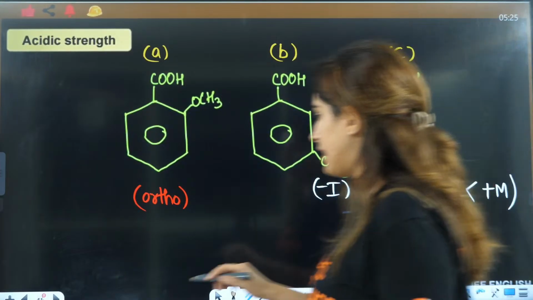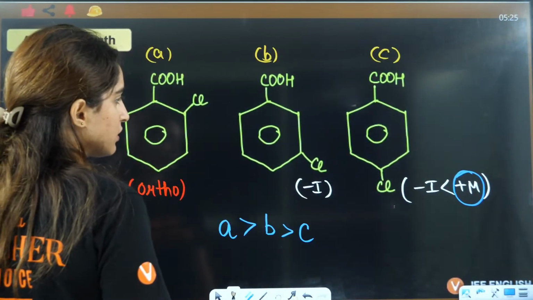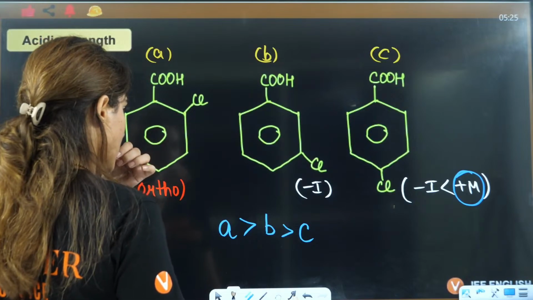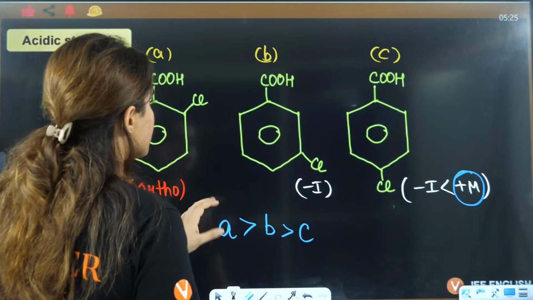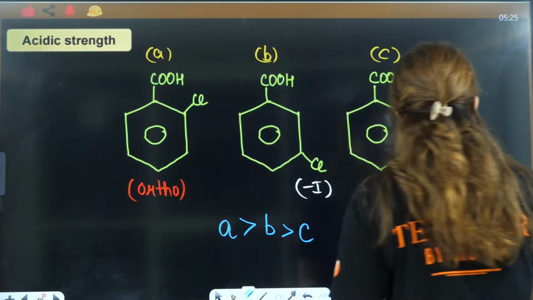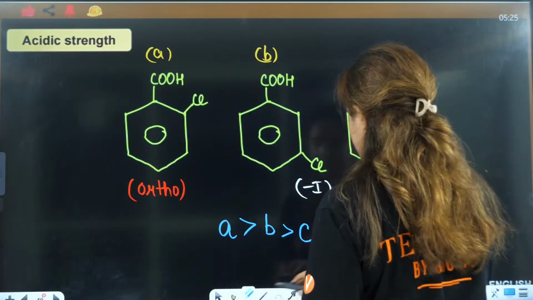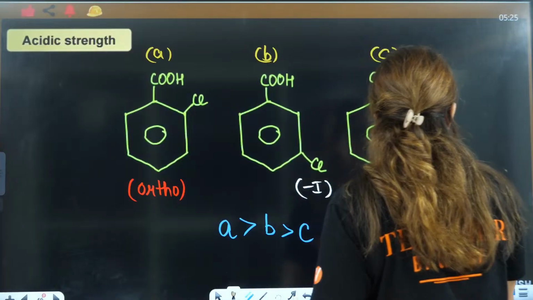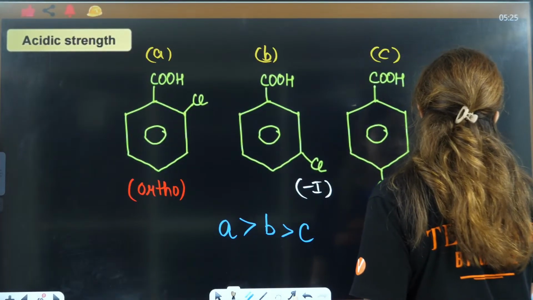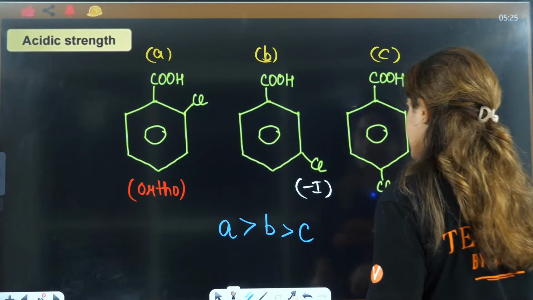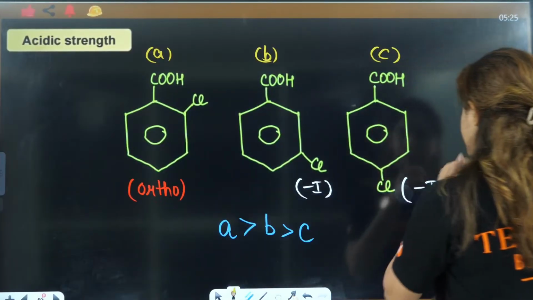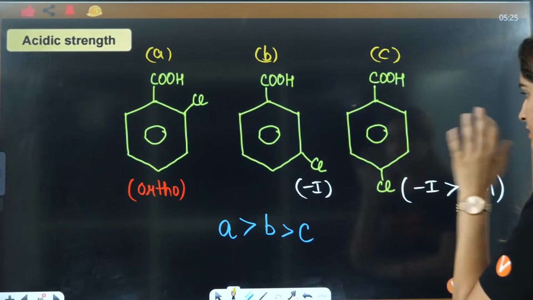Wait a minute, have I done it opposite here? Wait a minute, this is opposite to what I have written here. Here minus I will be more dominating as compared to plus M, right? Just give me a second.